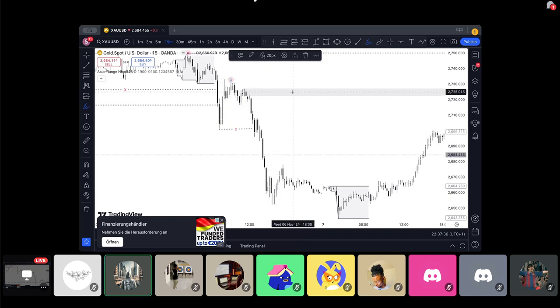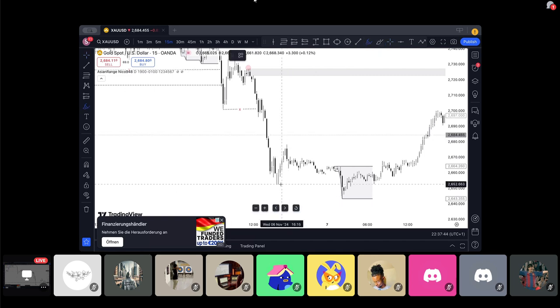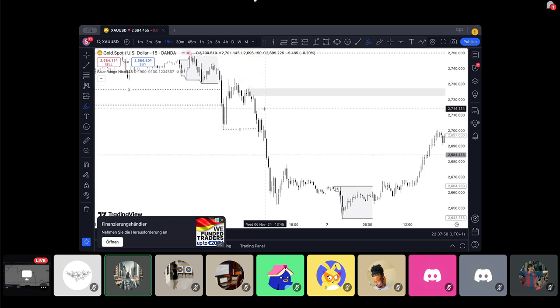This high was the one which created this low right here and caused this break of structure. That's the number one reason why I'm considering this other block, and secondly, it's because we are in a downtrend.